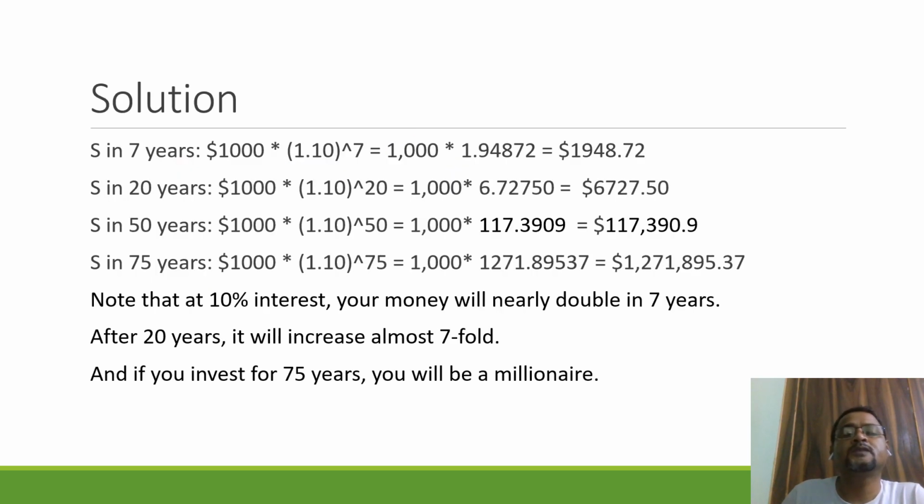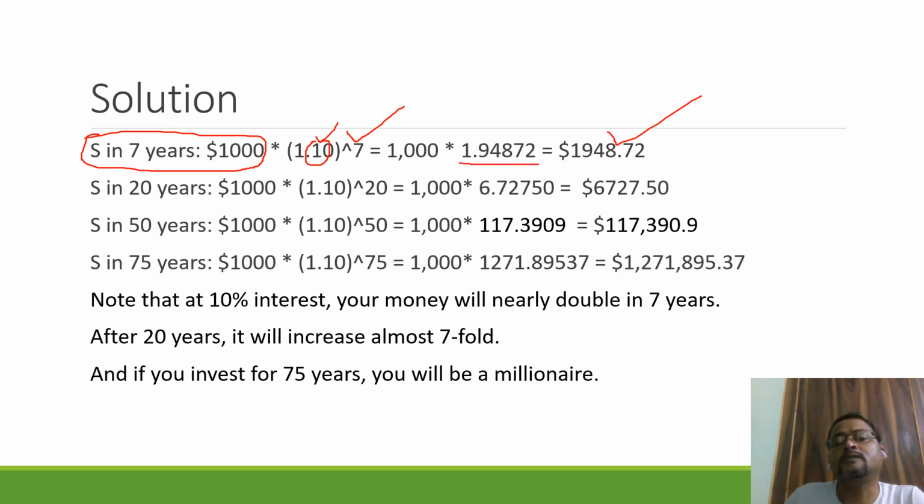Let's see. The sum of money in 7 years will be $1,000 multiplied by 1.10, that is 1 plus the rate of interest 0.10, to the power 7. That's 1948.72.